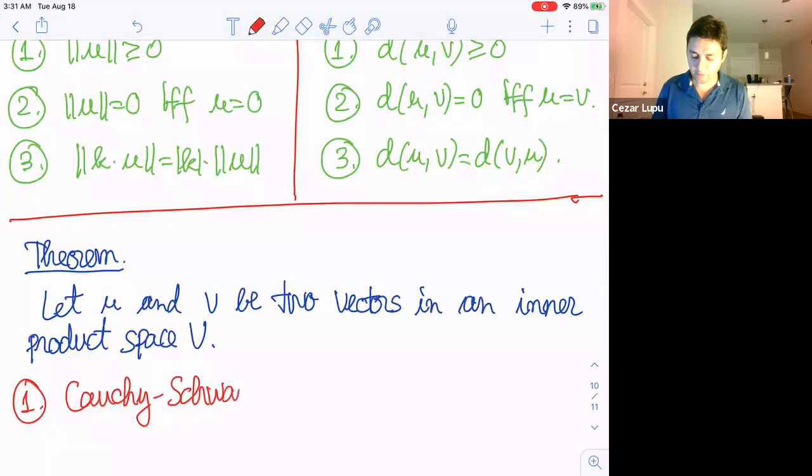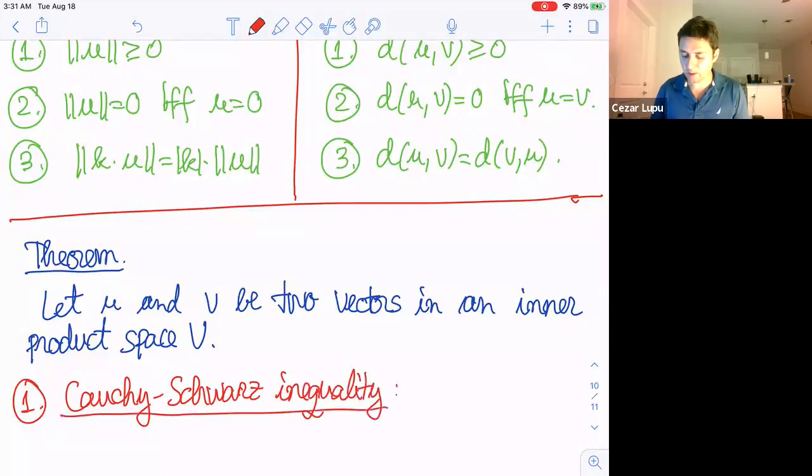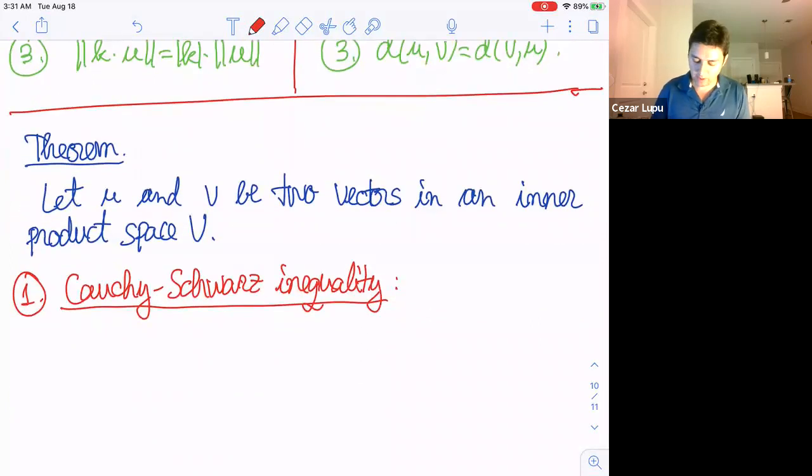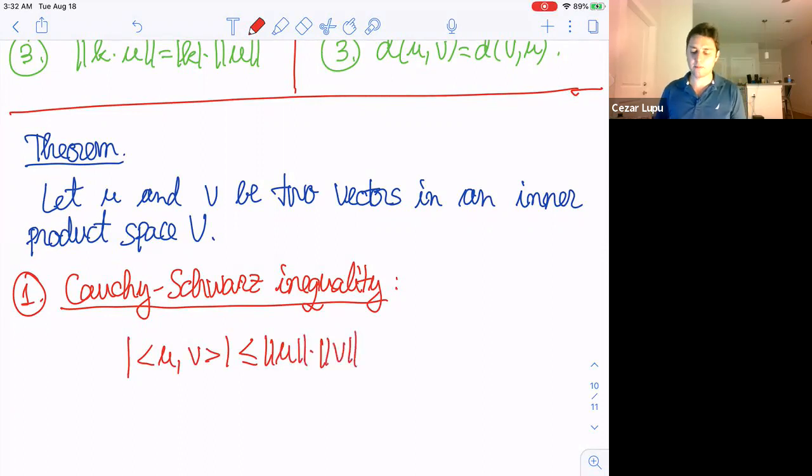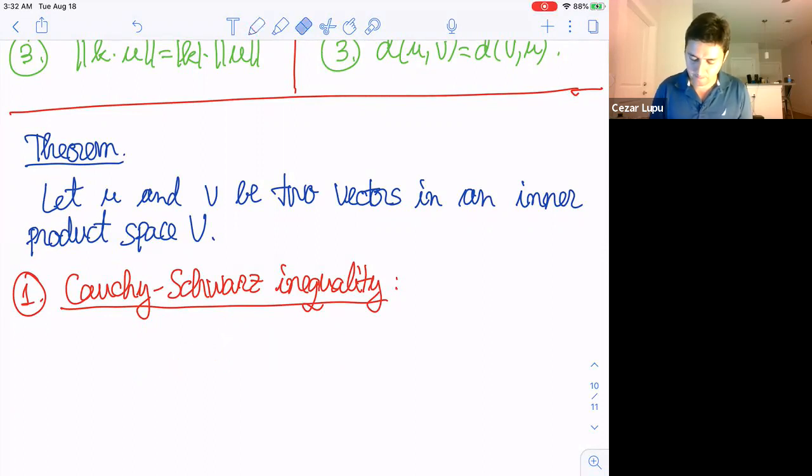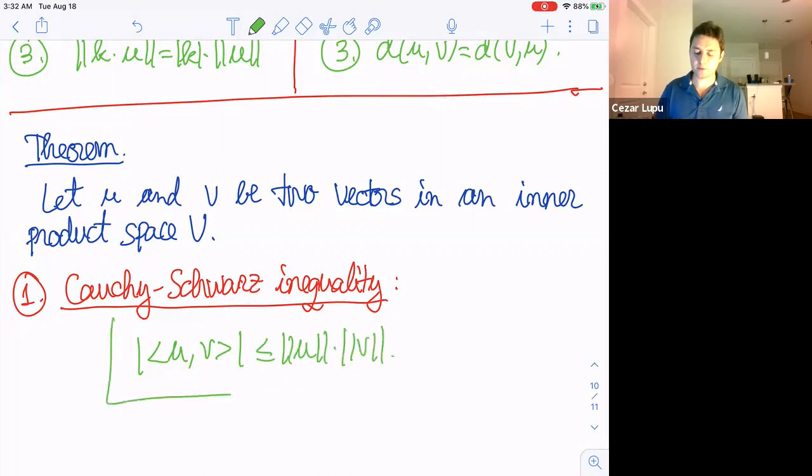We have seen this for the dot product in Rn, but the same inequality holds true, which says that the absolute value of the inner product between U and V is less than or equal to the length of U times the length of V. Maybe I should write it. Right? This is the Cauchy-Schwarz inequality.